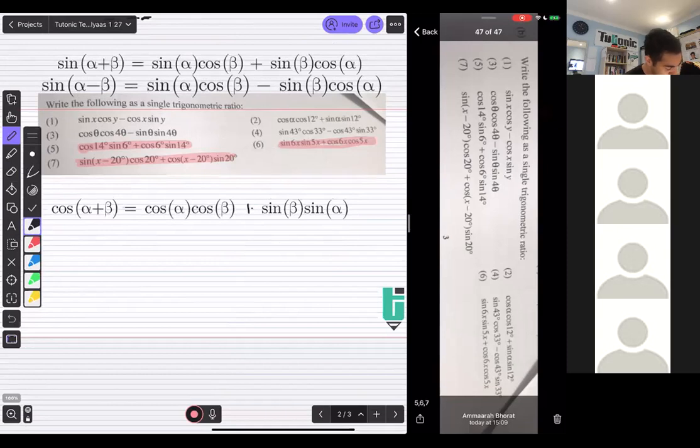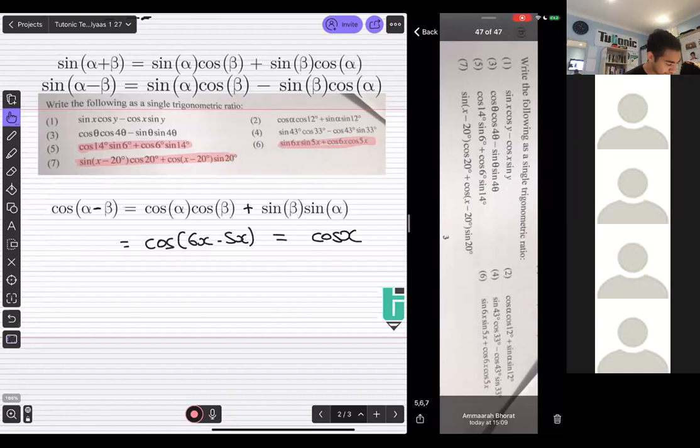So this will be positive and then this will be negative. Right? So that's going to equal cos of x minus 5x, which is just cos of x. Right. There we go. Okay. What did you get? Yeah, I also got that.